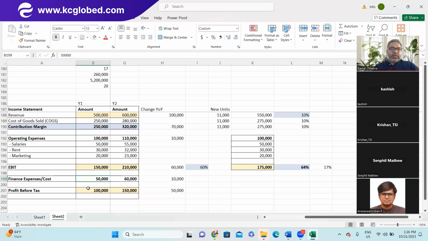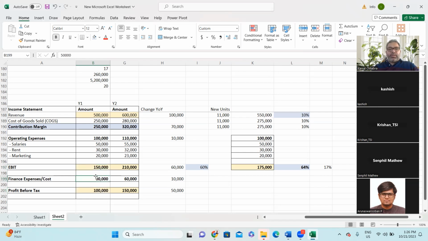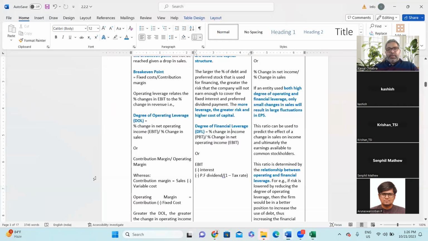So here, if you see, profit before tax is $100,000, right? And EBITDA is 150. That means this 50,000 is the difference between EBITDA and profit before tax, right? So how do you calculate degree of financial leverage? Change in income divided by change in EBITDA, right?